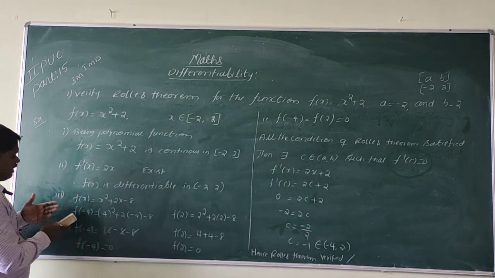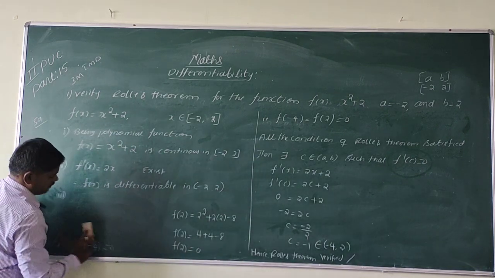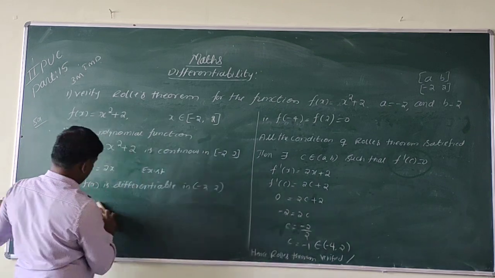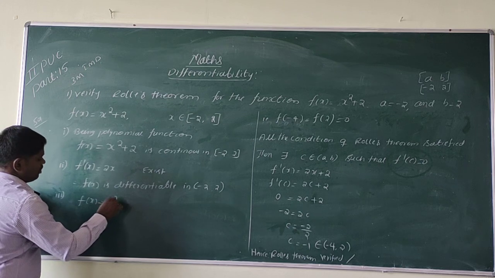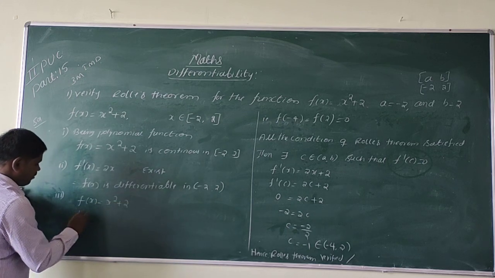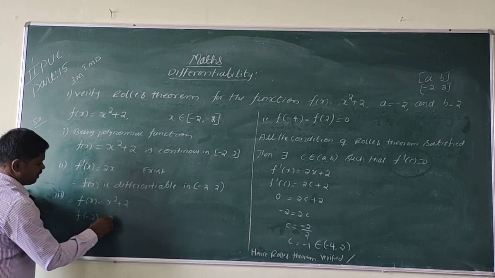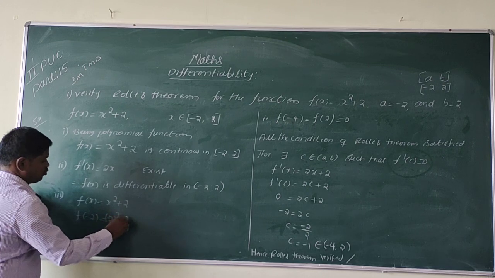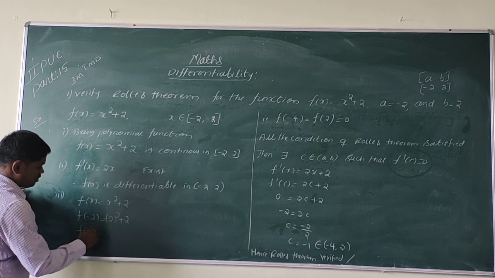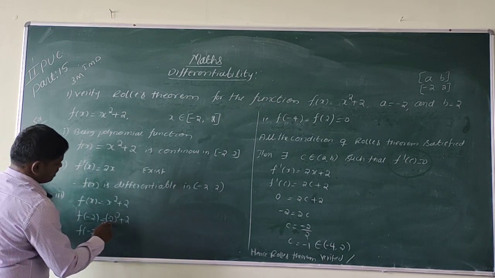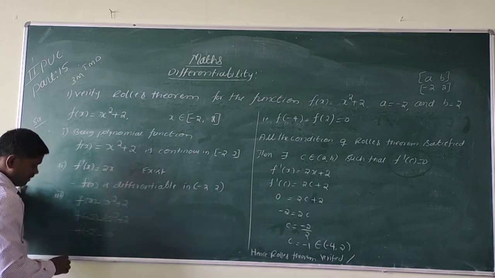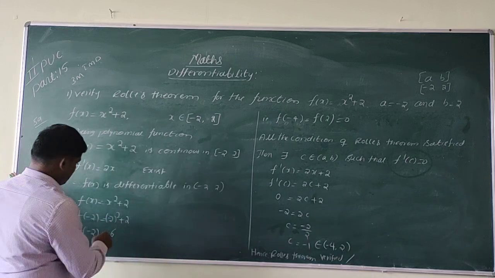Okay, so then I will check f of a is equal to f of b. f of x is nothing but x square plus 2. f of minus 2 is minus 2 whole square plus 2, that is 4 plus 2, that is 6.